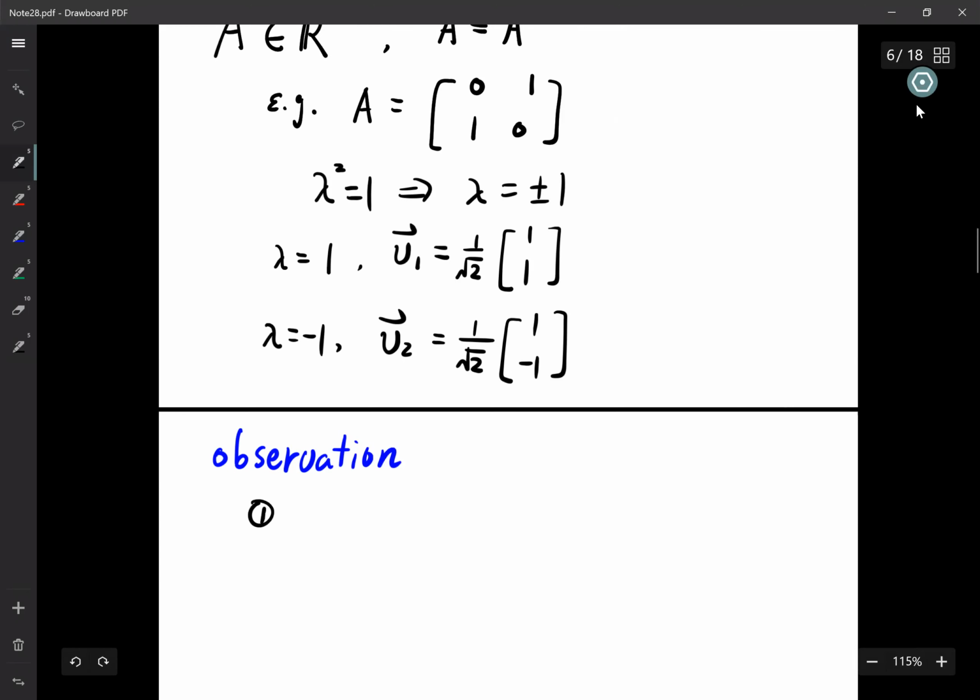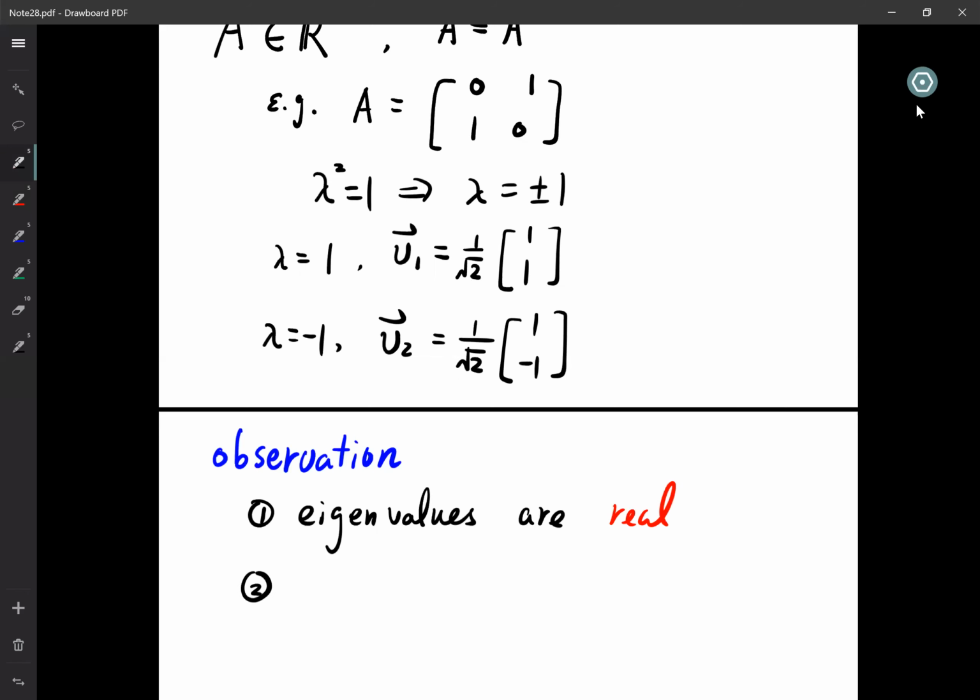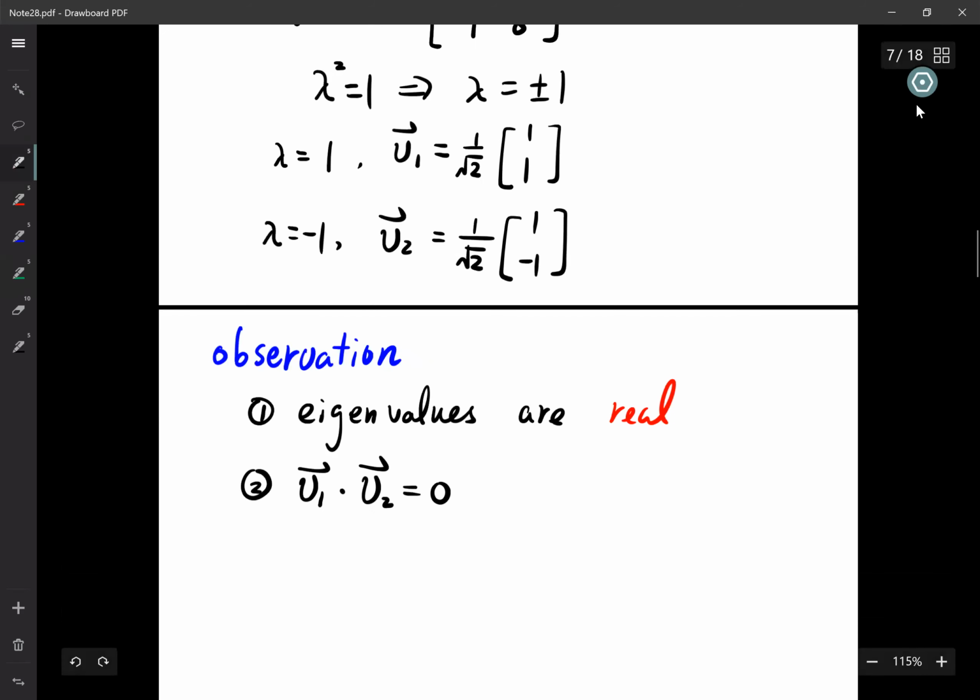So using this example, we have a few observations. One is that the eigenvalues are real. Two is that these two eigenvectors are actually orthogonal to each other, so v1 dot v2 equals 0.